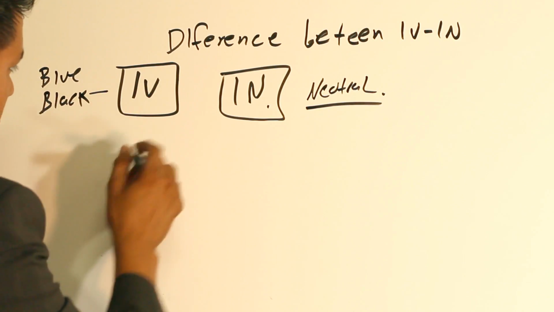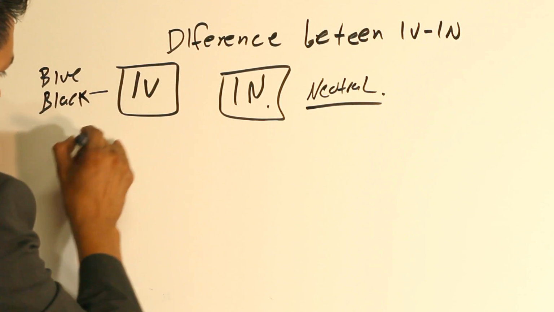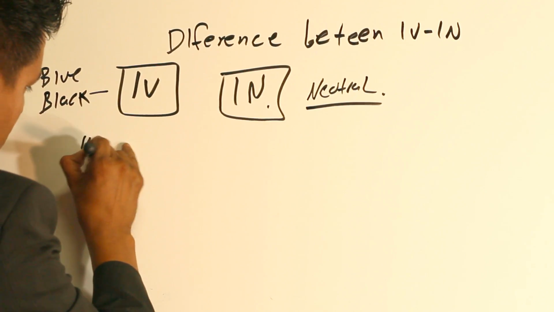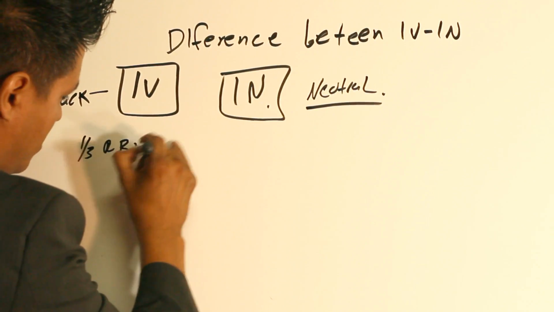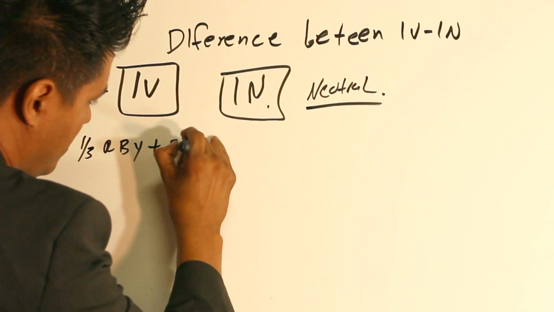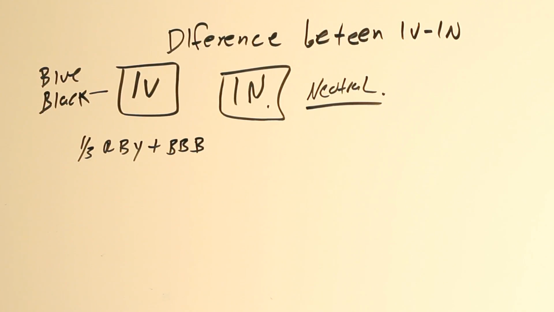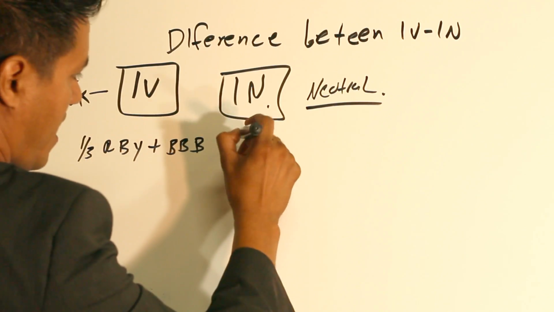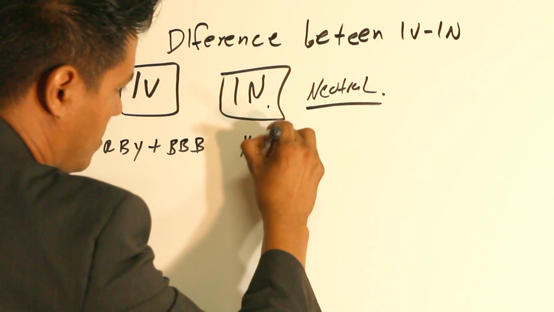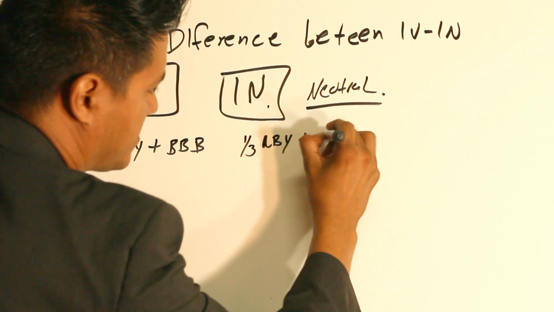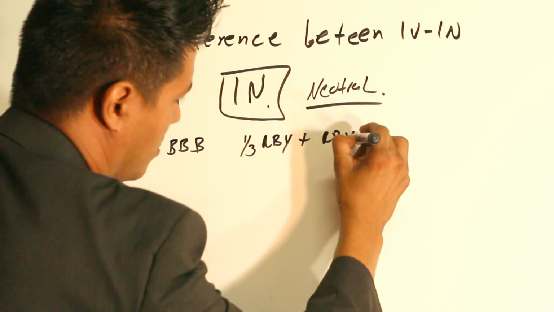In the 1B, we have one-third of red, blue, and yellow plus blue. That's actually 3 molecules of blue in the formulation. And in the 1N, we have one-third of red, blue, and yellow plus red, blue, and yellow.